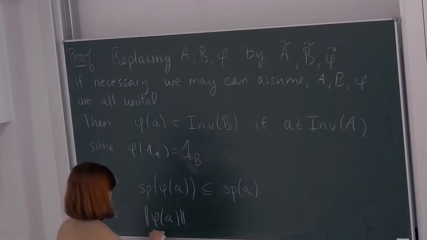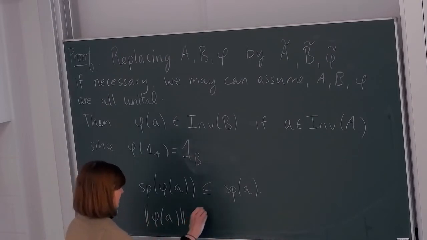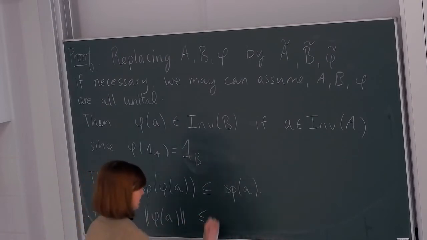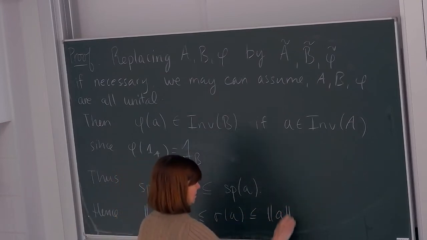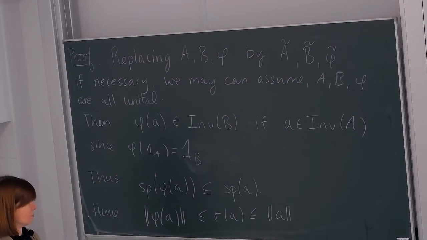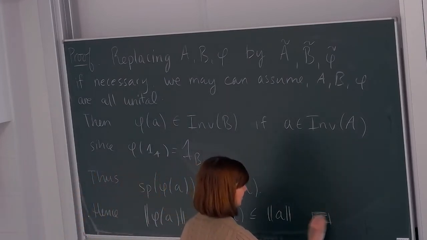Right. So this implies that this element is bounded by the spectral radius of this guy, which is of course the norm of a, and that gives us the result.